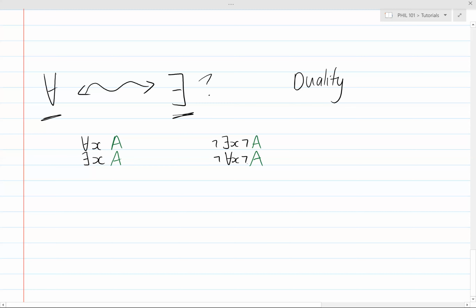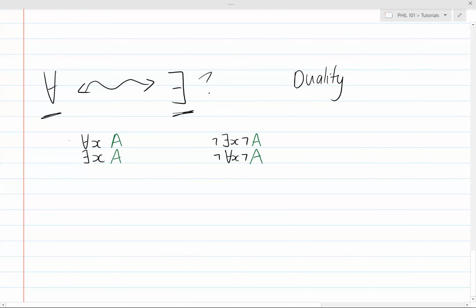And this is where we can also get ways to convert negations of quantifiers. So let's say I had the negation of this statement, then that should be equivalent to the negation of this statement. And since we've got two negations in a row, I can cancel them out in the logic that we're using. And does that make sense? Well, I'm saying it's not the case that for all x, A is true.